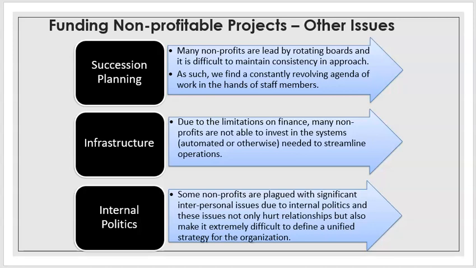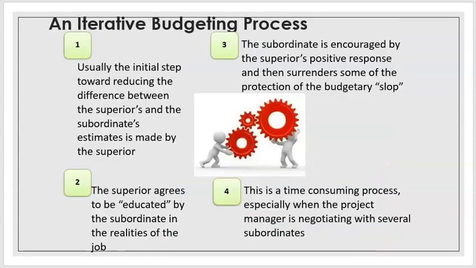Due to the limitations on finance, many non-profits are not able to invest in the systems needed to streamline the operations. Internal policies. Some non-profits are plagued with significant interpersonal issues due to internal politics, and these issues not only hurt relationships but also make it extremely difficult to define a unified strategy for the organizations.